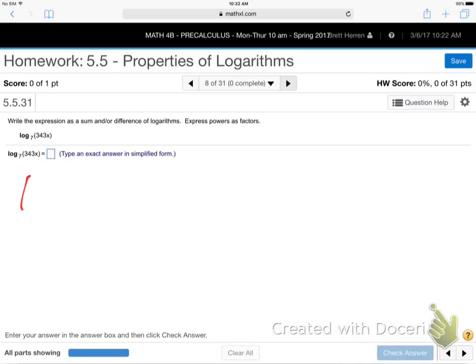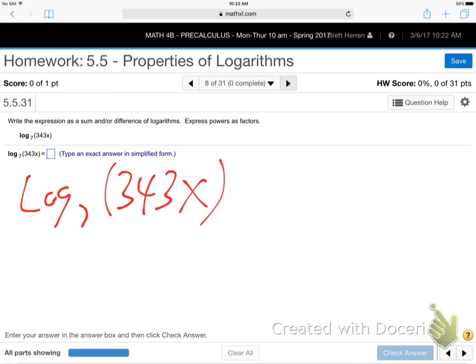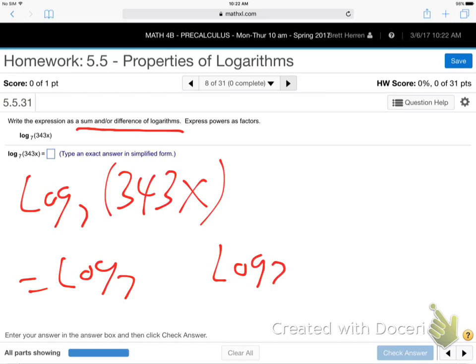All right, so log base 7, 343x. Okay, so they want us to write as a sum or difference of logs. So basically, we're going to make this 2 log base 7s, aren't we? And the harder operation of times is what's currently there, becomes adding.